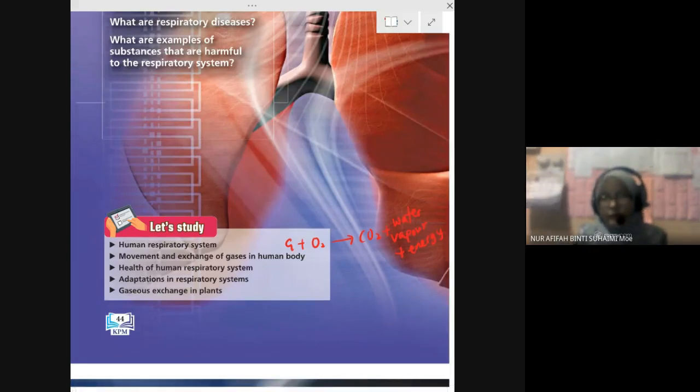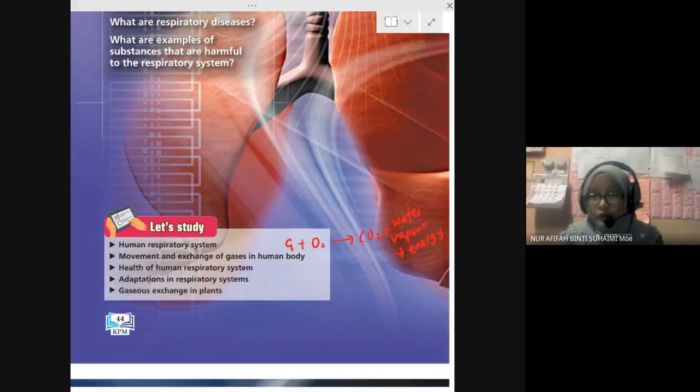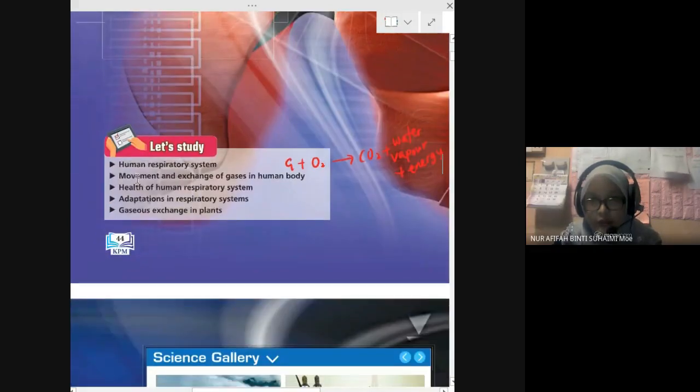There are a lot of harmful substances in cigarette smoke, but the important ones are just 4 to 5 substances: carbon monoxide, sulfur dioxide, nitrogen dioxide, haze, dust and pollen. Okay, that's 3 units that you have learned.